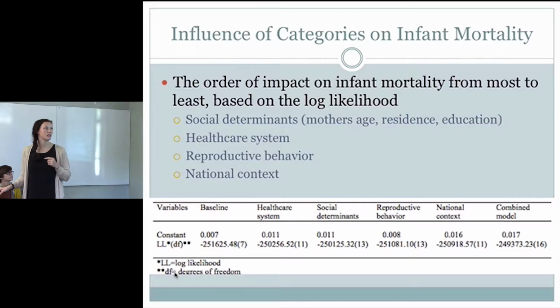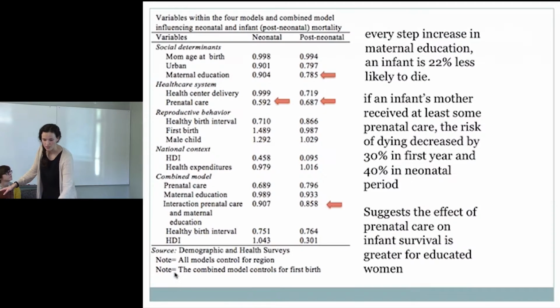So the social determinants, the mother's age, her urban-rural status, or her education has the biggest impact on infant mortality reduction. Next is the healthcare system, reproductive behavior, and national context. All of them, I'll note, have an influence on infant mortality reduction. However, that's just the order from greatest to least. And I'll now move forward a little bit into some of the individual variables within those broad categories.